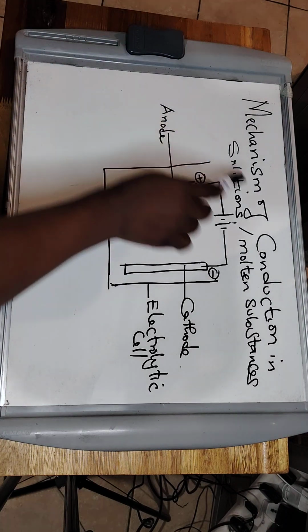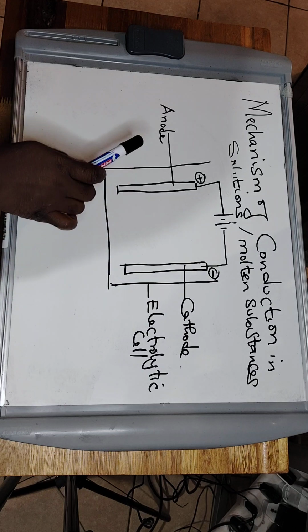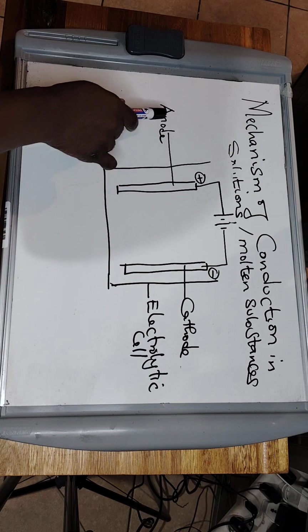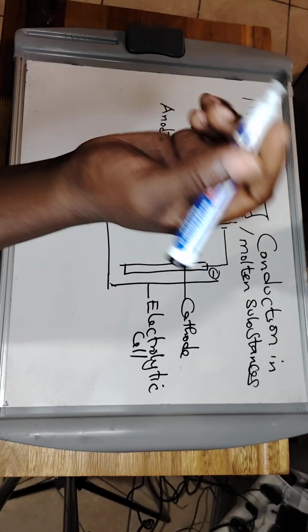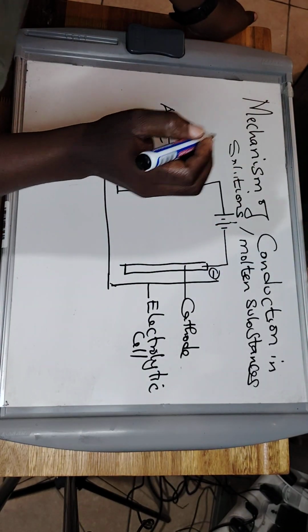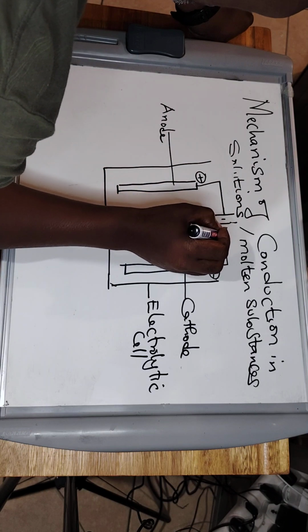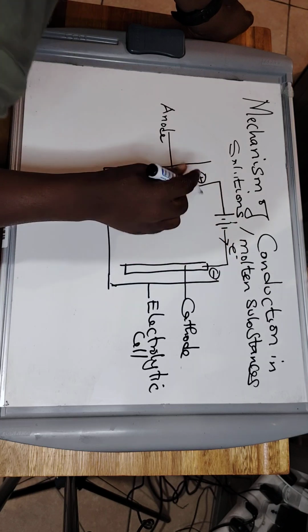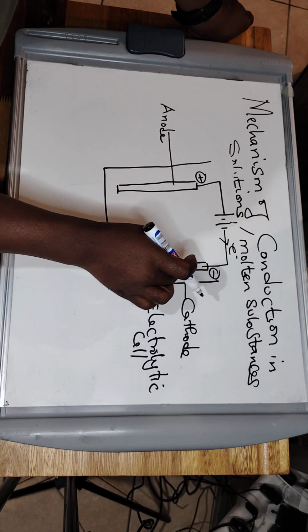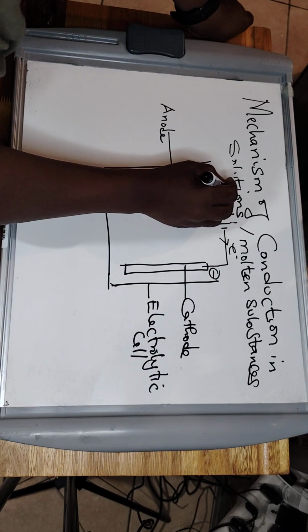Let us look at the setup we are having here. We saw this one earlier. In this setup, we have the anode, the cathode and the battery. There's one important aspect you have to remember here: the electrons flow from the negative side of the battery.